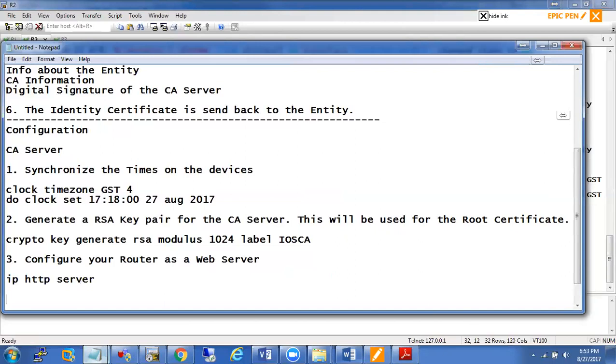Come on. What if I don't configure it as a web server? What's going to happen? The clients will not be able to register their public keys with me because their communication is through HTTP, HTTPS.